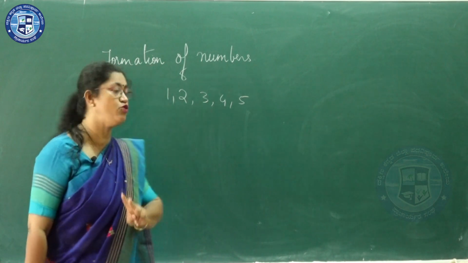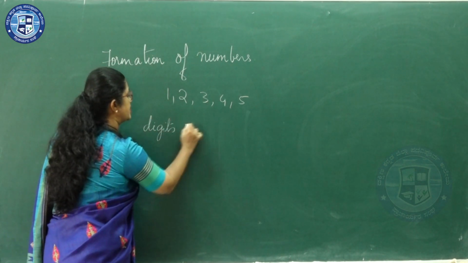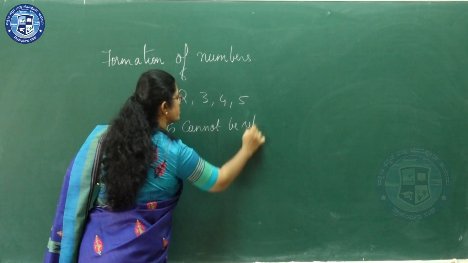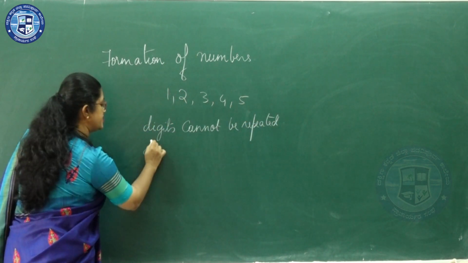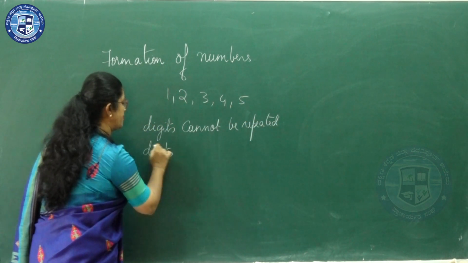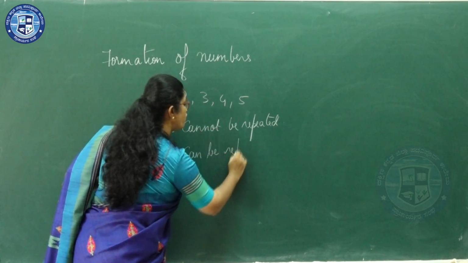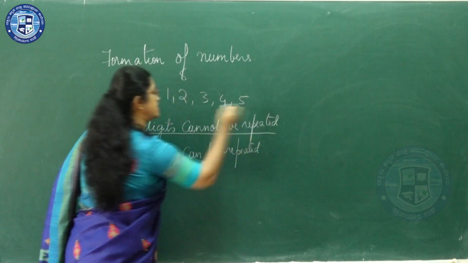And in this again you have 2 categories, one which says that the digits cannot be repeated, and the other category is digits can be repeated. So whenever you get a number problem, first check for the statement whether this statement is there.